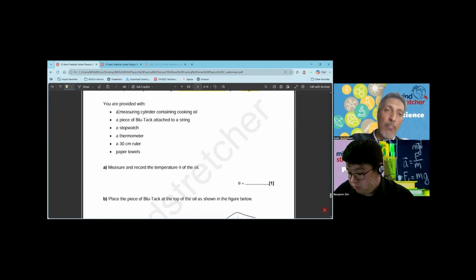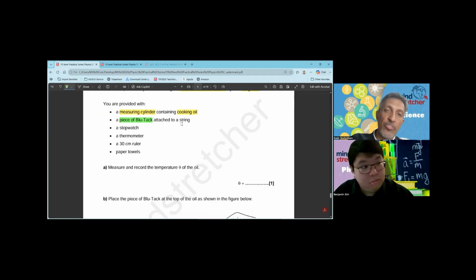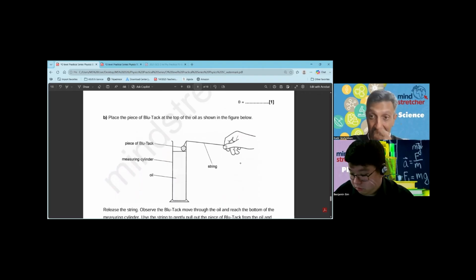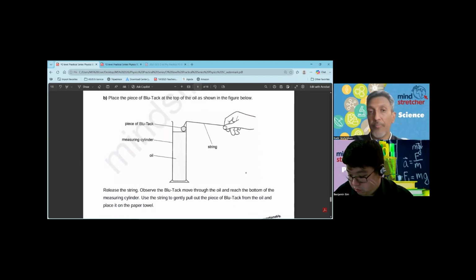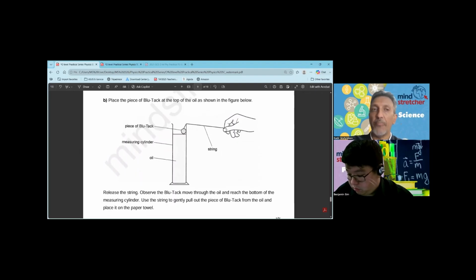You are provided with a measuring cylinder containing cooking oil, a piece of blue tack attached to a string, a stopwatch, a thermometer, a 30 cm ruler, and paper towels. Guys, this is a setup. These are actual O-level questions, real O-level questions from previously.